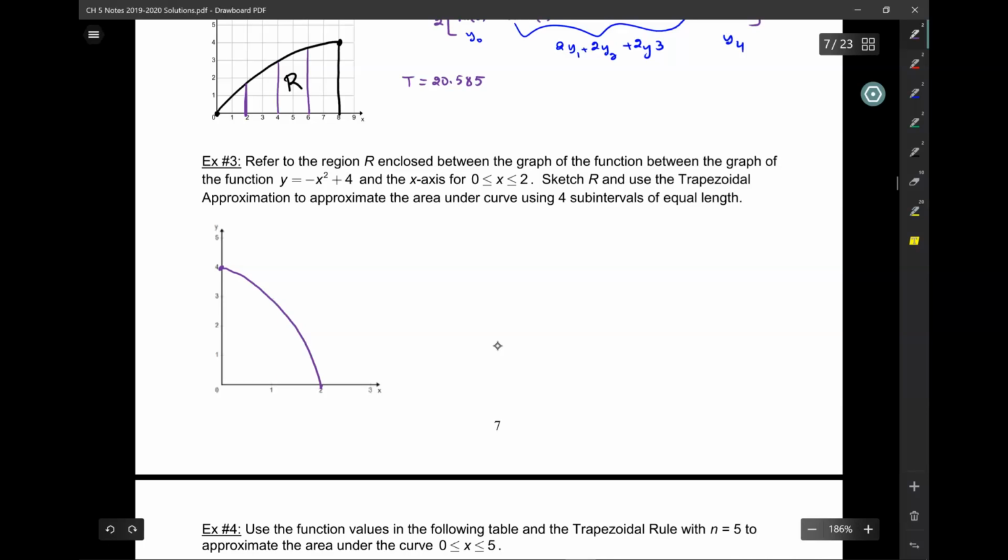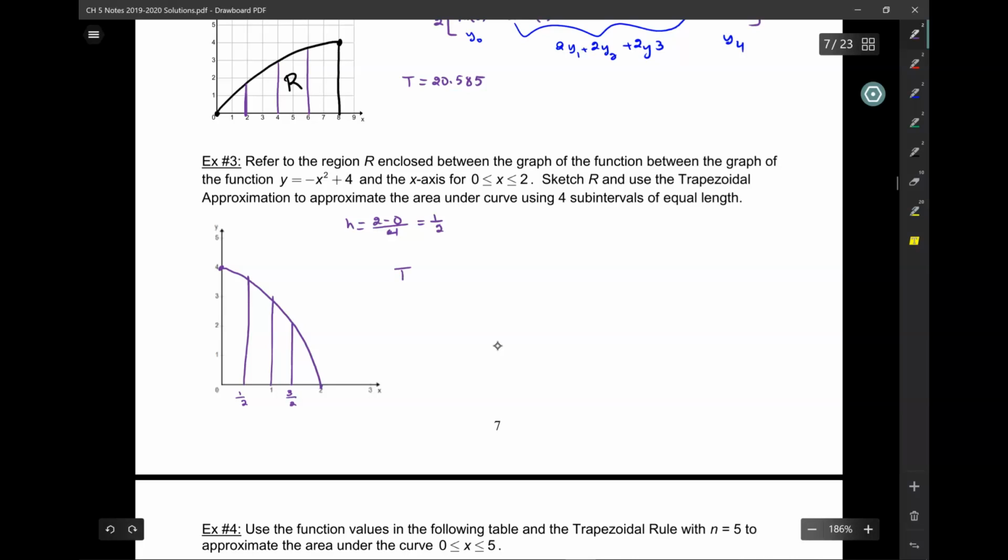Okay, so let's see. How many subintervals? 4 subintervals. So it's going to be 2 minus 0 over 4. That's my h. Each is a half. So here's how we're going to partition it. Okay? So we're at a half, 1, 3 over 2.